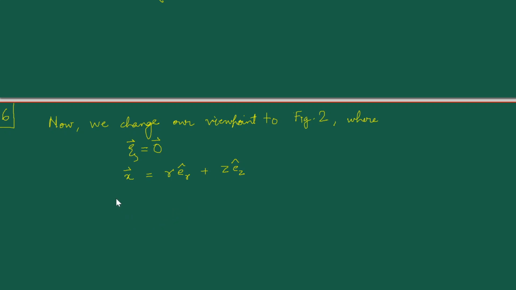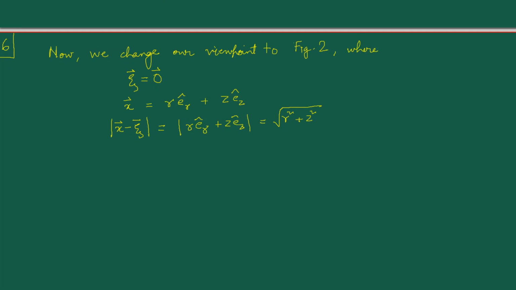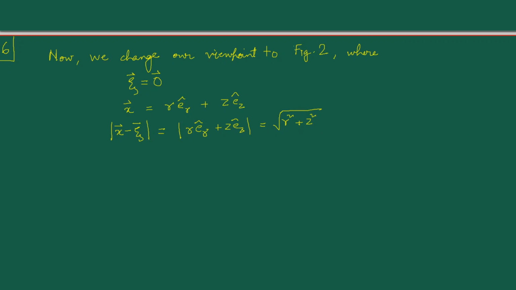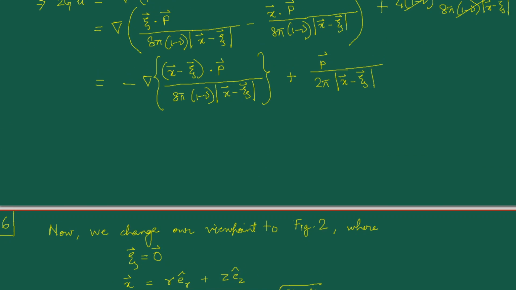Which means that what was previously the magnitude of x vector minus xi vector is simply the magnitude of r ER vector plus z EZ vector, which is nothing but the square root of r square plus z square. So you see, things are shaping up to more familiar forms. With this change of viewpoint, how can we possibly simplify this expression?